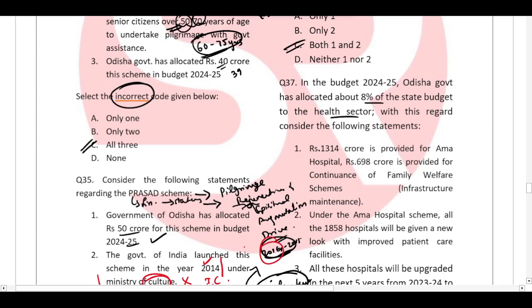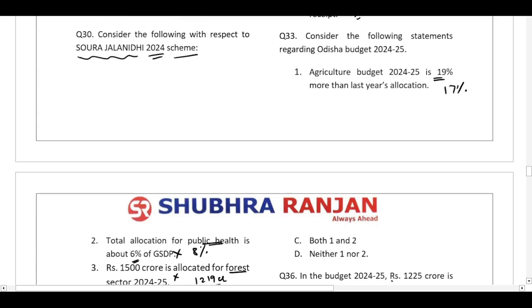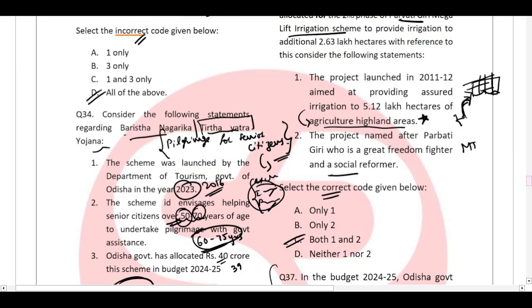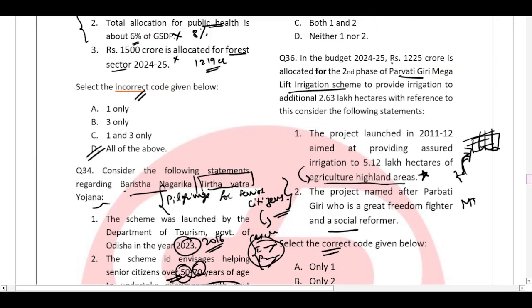So one more thing you can observe here. This question is talking about the budget 24-25 allocated 8% to the state health sector. So if you see other question where we were discussing about the public health here. So sometimes the same question paper can have answers to the other questions.